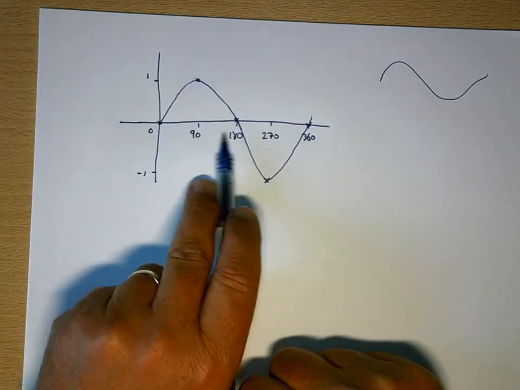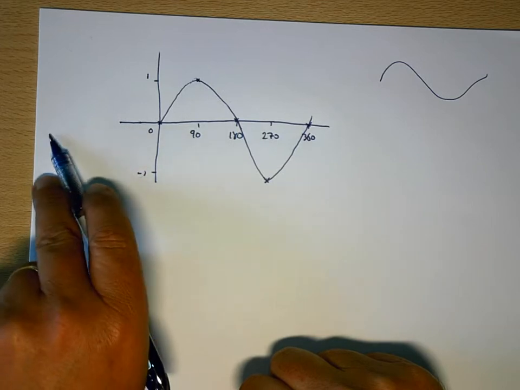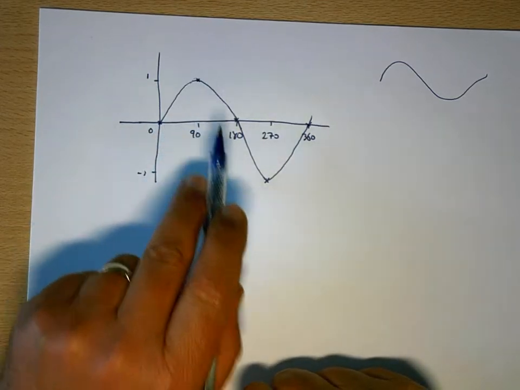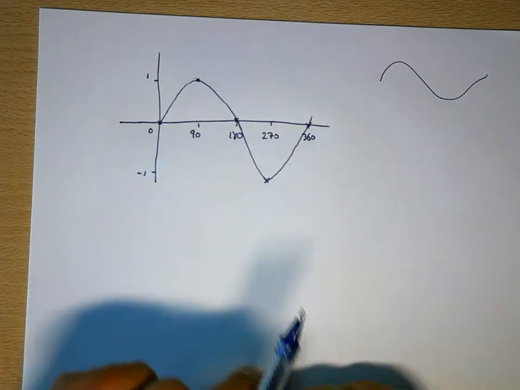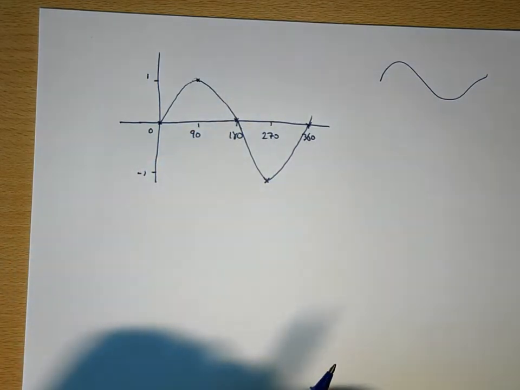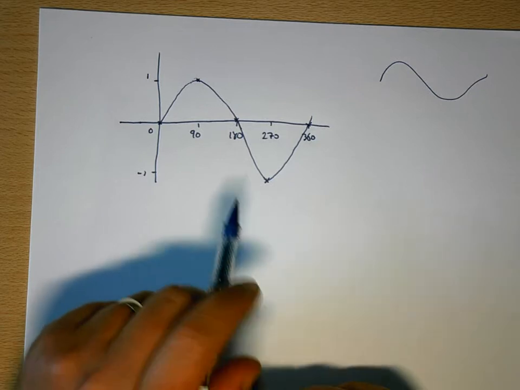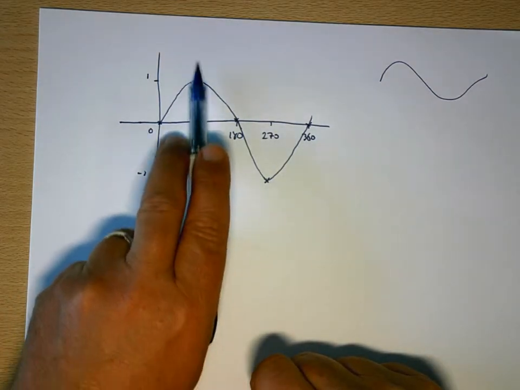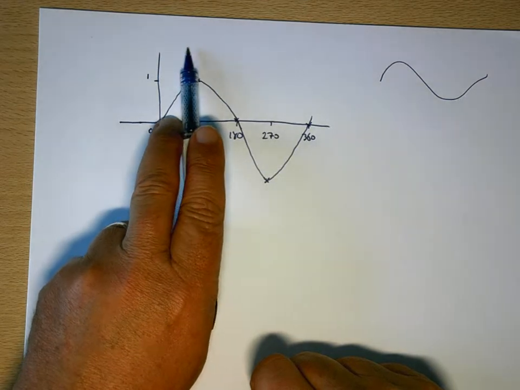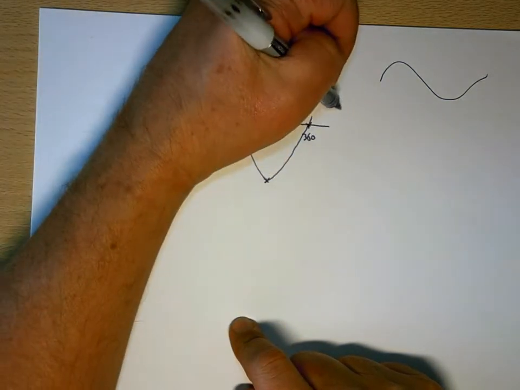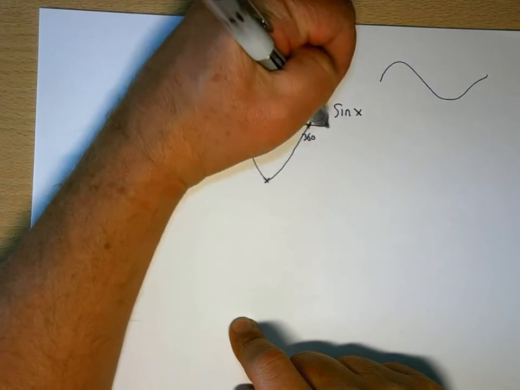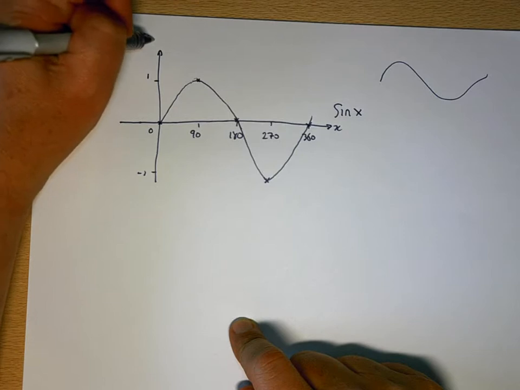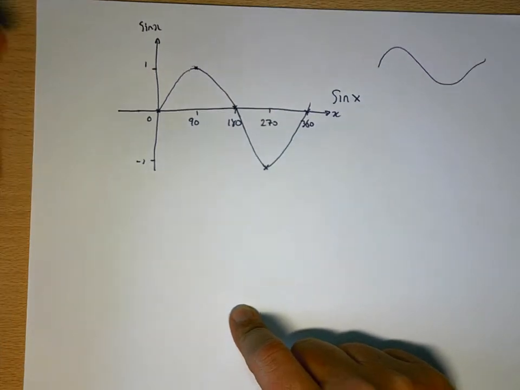Okay, so your stages are in 90s or -90s, and then you start at 0 and it's oscillating between 1 and -1. Now the cos curve is exactly the same. The only difference is the 0 degrees is there. So that is sine x, where x is the angle, and that is the value of sine x.